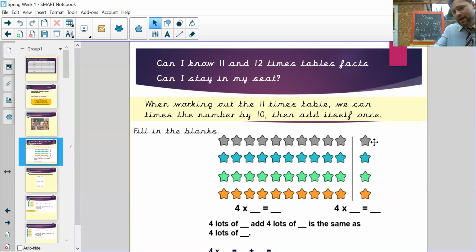We've then got our remaining ones left over, and there's 4 of them. So 4 times 1 is equal to 4. We then add the 2 together, our 10 times 4 and our 1 times 4, and we get 11 times 4. Because when we do multiplication, remember it's just repeated addition.